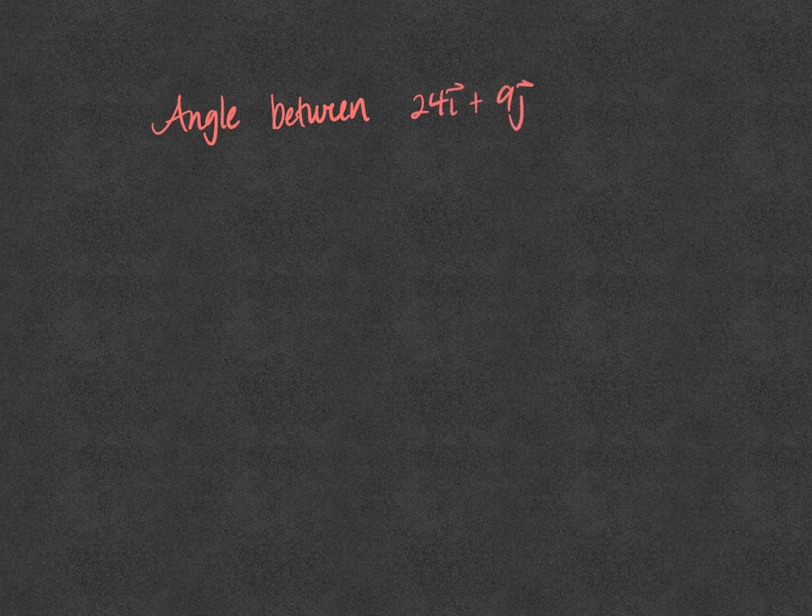Since we only have two components, i and j, that does not mean that the k is 0. It means we're in 2 space. So we're going to look at this in V2. If it was i, j, and k, then we'd be in V3.